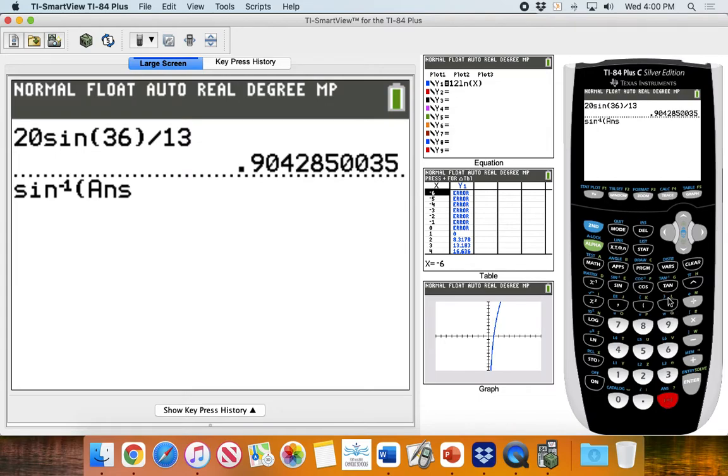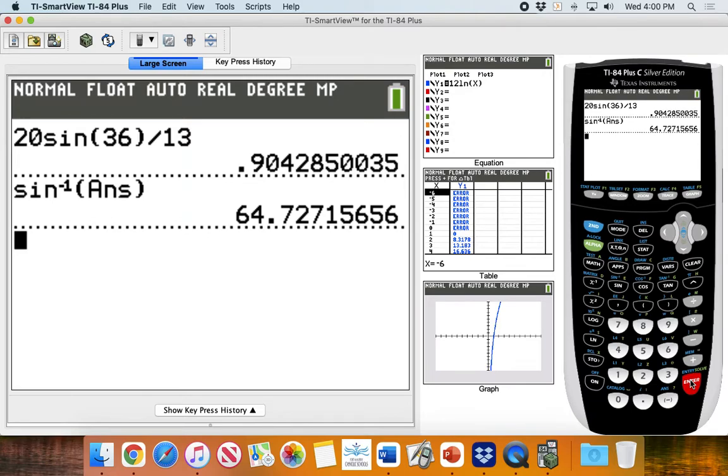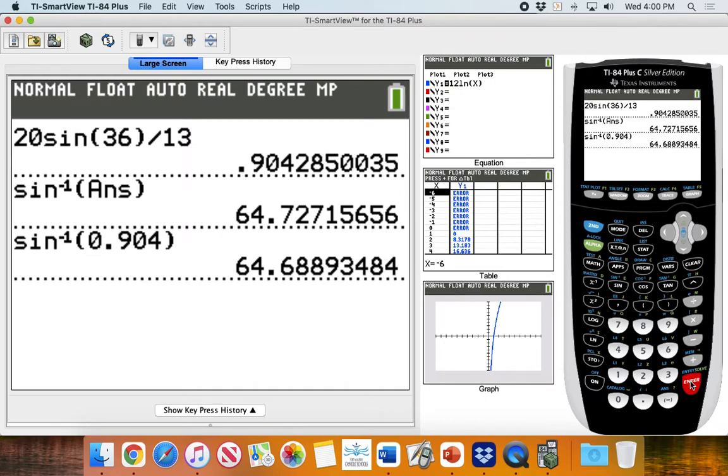What that does is it drags your answer from the previous step down to that line, and then you find your answer. It's the same as saying sine inverse of 0.904. We could have done that as well. You just get more accuracy. Do you see how the one right above it is slightly different? This one is more accurate than me having just the 3 decimal places.